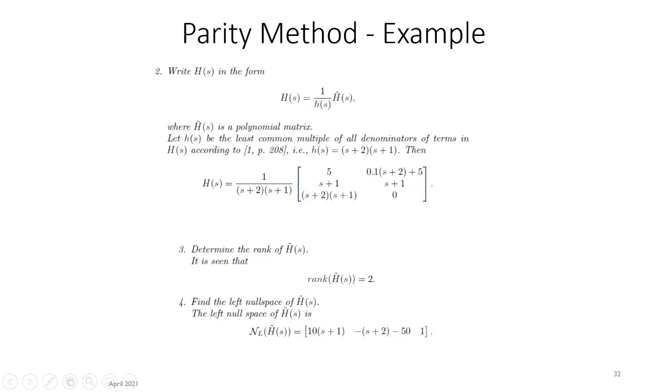Let's multiply this one by the first column. So 10 (s plus 1) multiplied by 5 would be 50 multiplied by (s plus 1). Then you have another 50 multiplied by (s plus 1) here that cancels the first one, because this one has a negative sign. Then you have minus (s plus 2) multiplied by (s plus 1), and then you have 1 multiplied by (s plus 2) multiplied by (s plus 1).